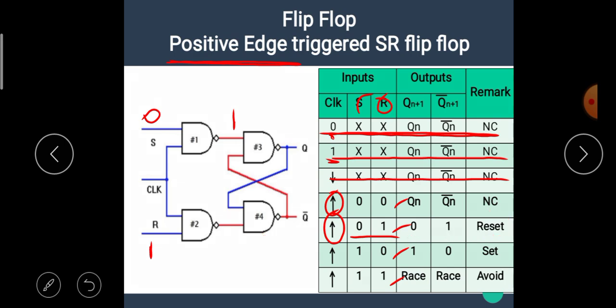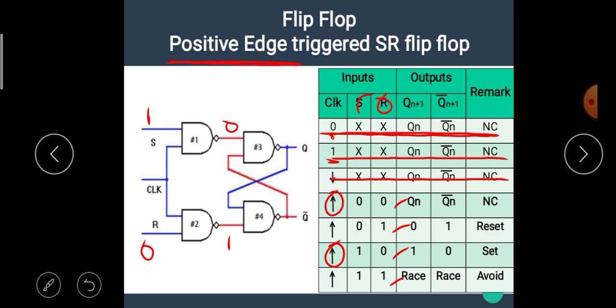Similarly, we can see this operation on the arrival of the third rising edge. When the third positive edge occurs, the SR combination becomes 1 0. NAND gate 2 has one input 0, hence its output is forced to become 1. Similarly, the output of NAND gate 1 is forced to become 0.